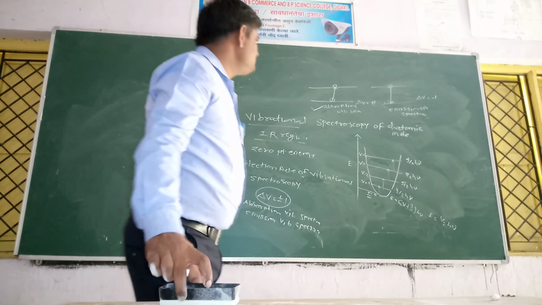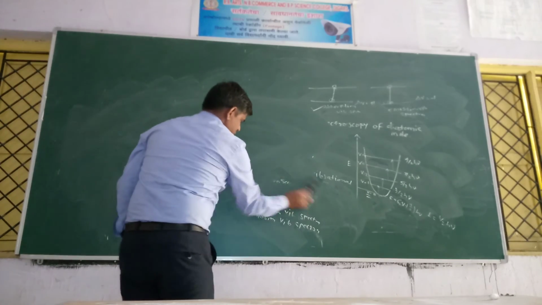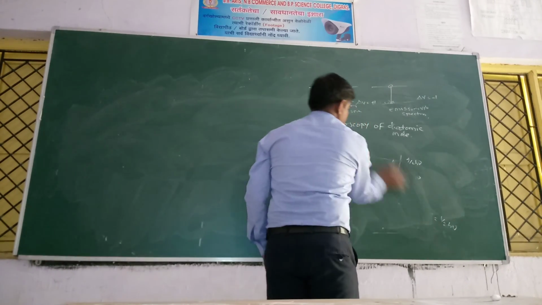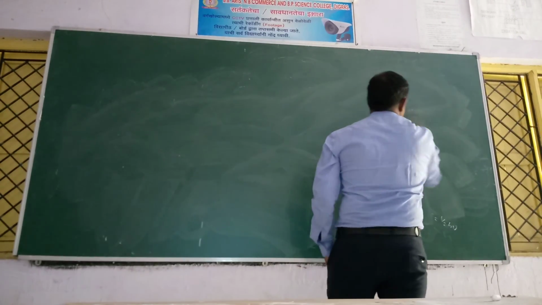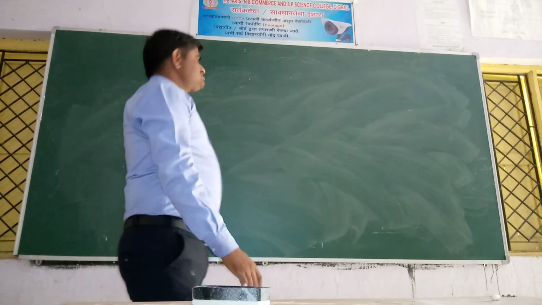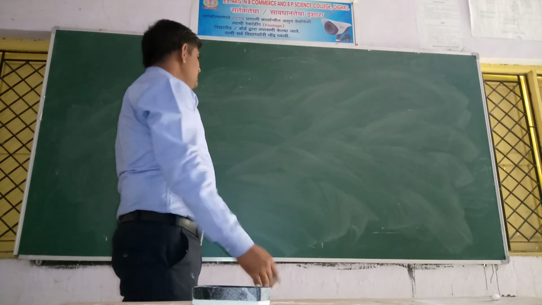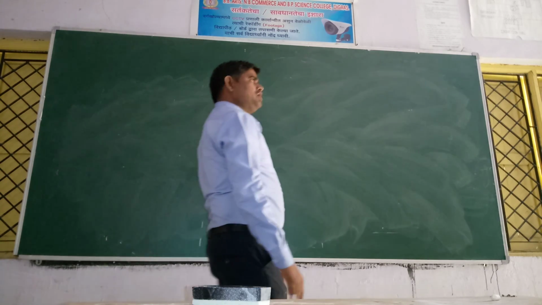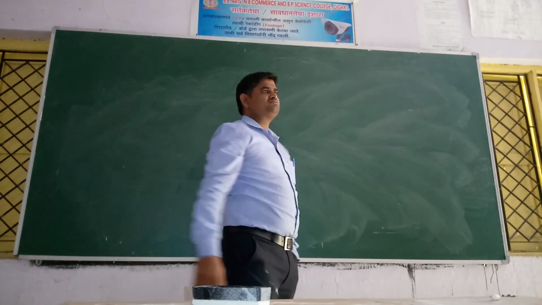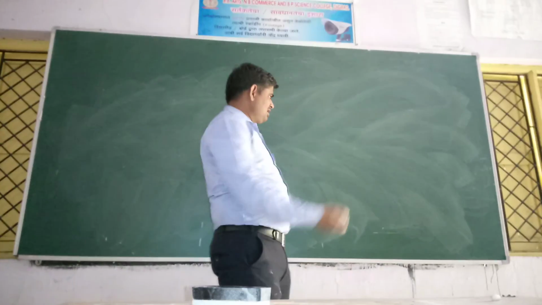Then after that, some numericals in your textbook can be easily solved by using this formula, energy of rotational spectroscopy and bond length.